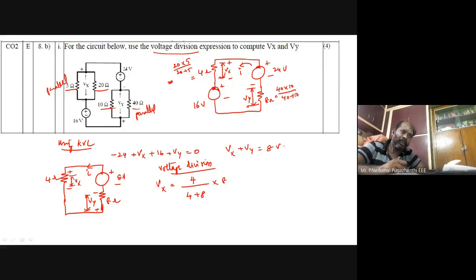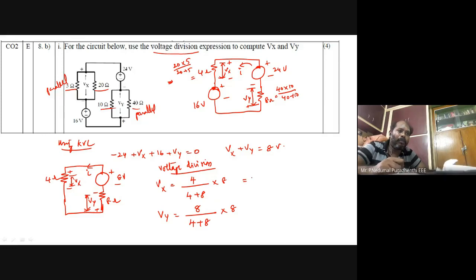The total voltage here is 8 volt and for Vx the resistor value is 4, so divided by 4 plus 8. You tell me what answer you are getting. And for Vy, what should you have? The same resistor 8 divided by the total resistor into the total voltage.